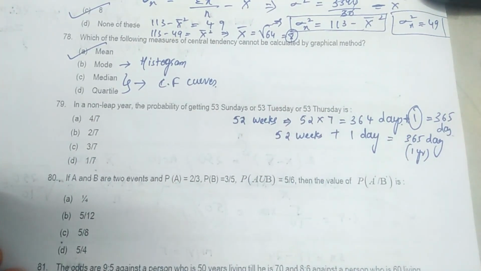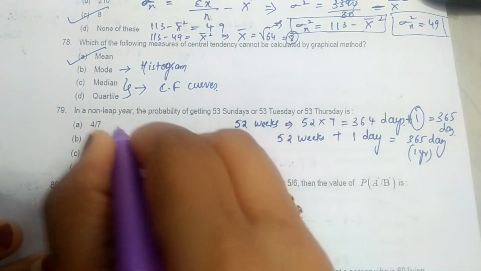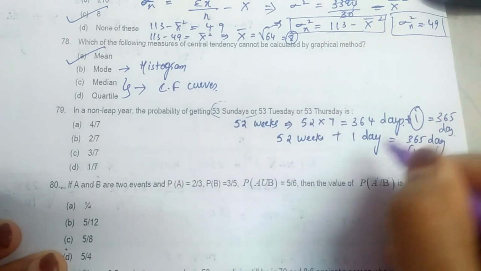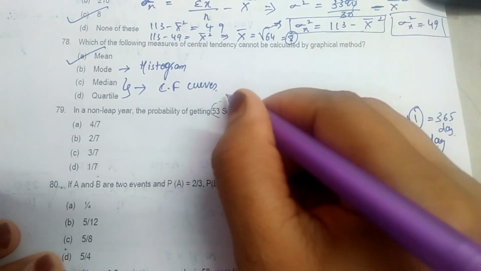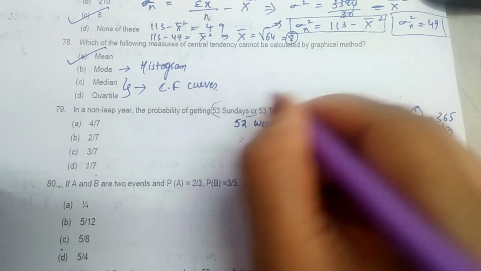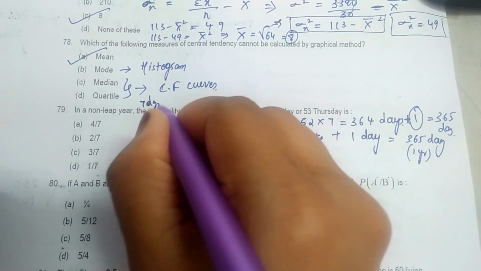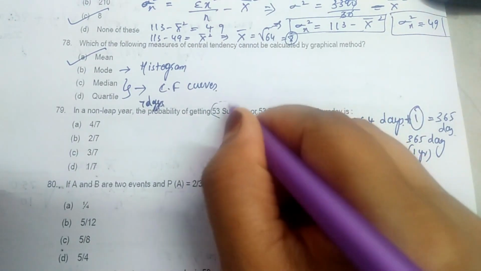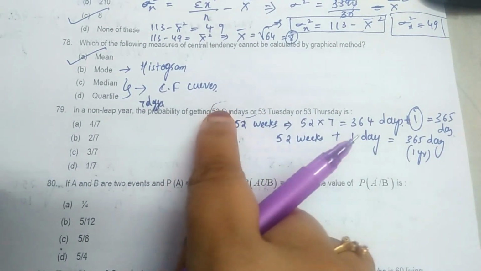It can be 53 Sundays. In a week there are 7 days, we have to remember this. So the single day left will be a Sunday.